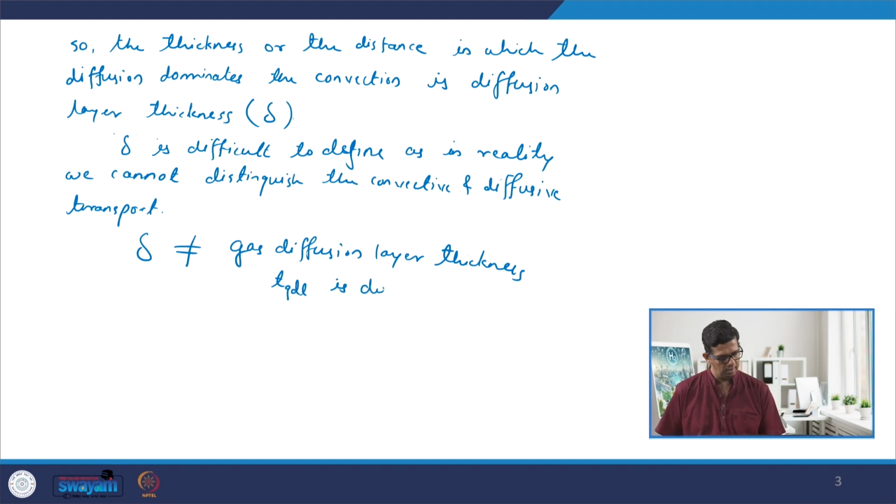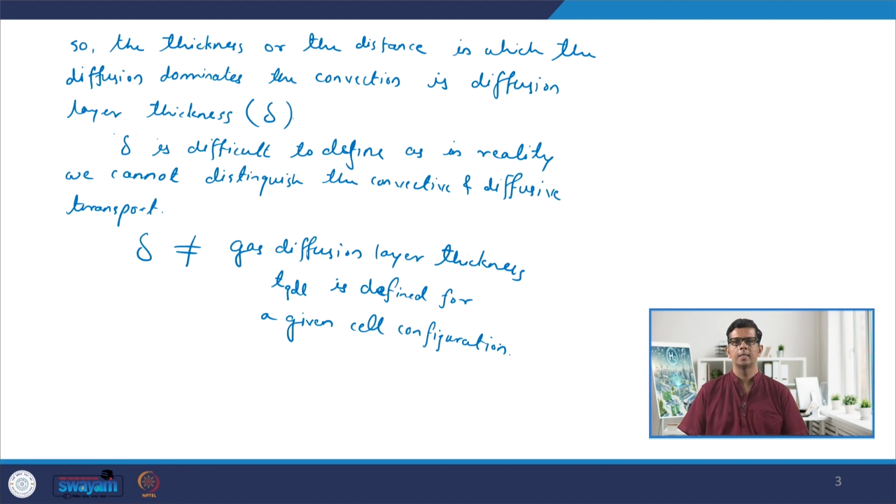It is fixed for a given cell configuration. What it means, in other words, is once we choose a particular gas diffusion layer for a fuel cell or electrolyzer, the thickness is already defined. So, this delta is not equal to the gas diffusion layer thickness.